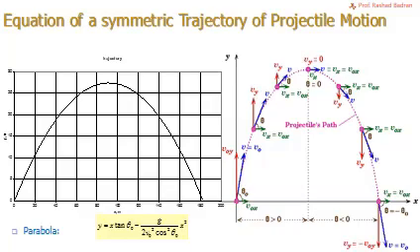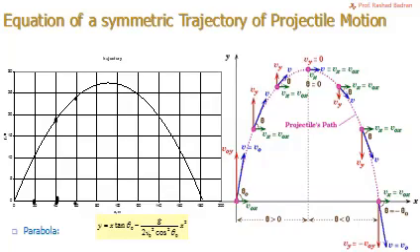If you just insert different values of x in here, you're going to get the corresponding values of y, and then you draw this path of motion. If you change the angle, you can also get a parabolic path with a different shape, a different parabola.